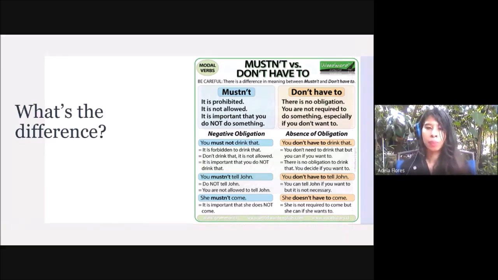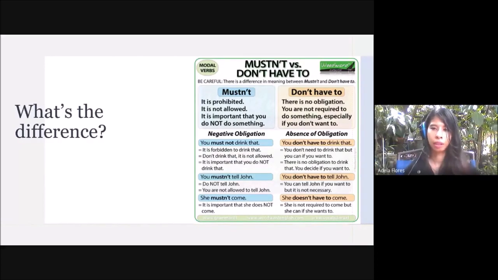The last example, she mustn't come. She doesn't have to come. En una es como que ni se le vaya a ocurrir venir. Y en la otra es como, no es necesario que venga. Si viene, bien. Y si no, pues también. Okay? So, can we see the difference between these two types of sentences?